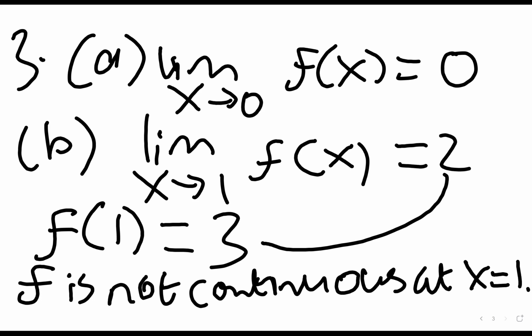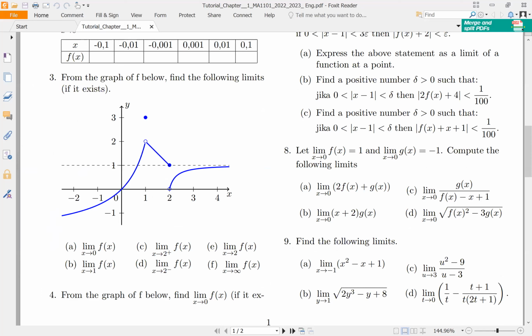So you'll see that if x is approaching 2 from the right, then the graph of f is approaching 0 here. So the limit here is 0.